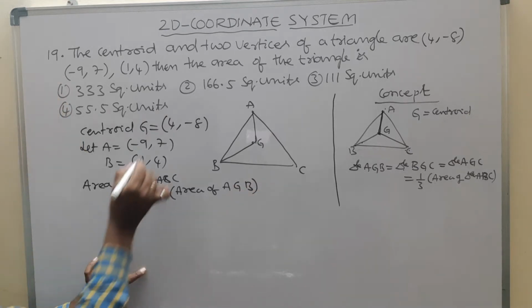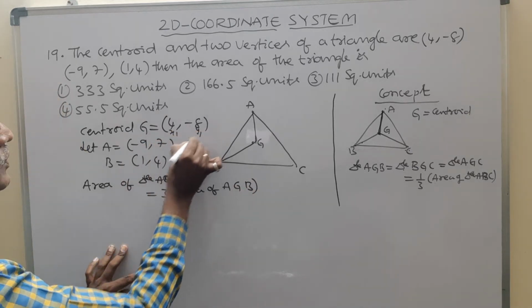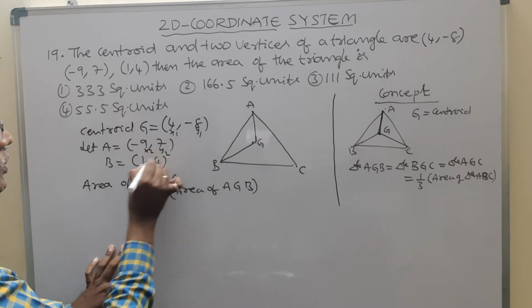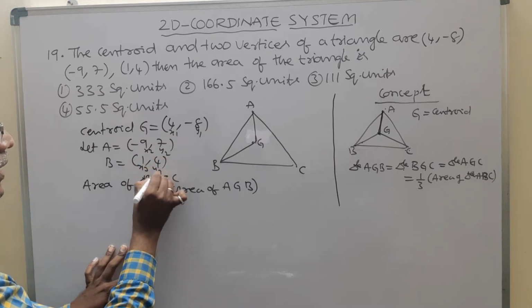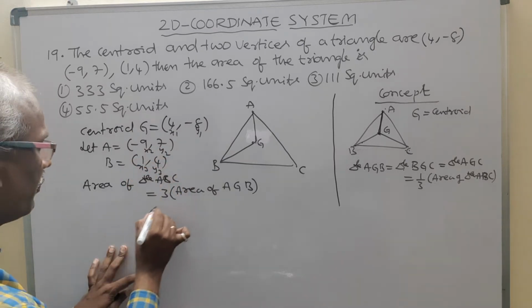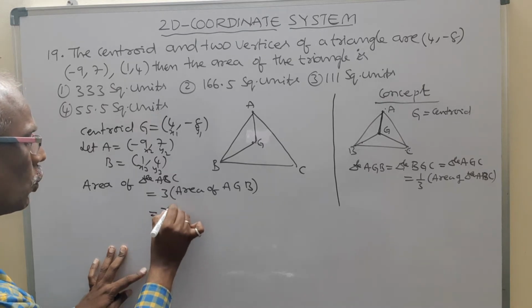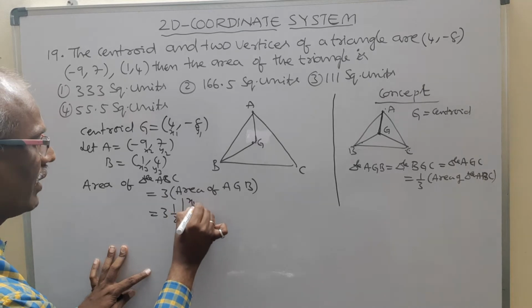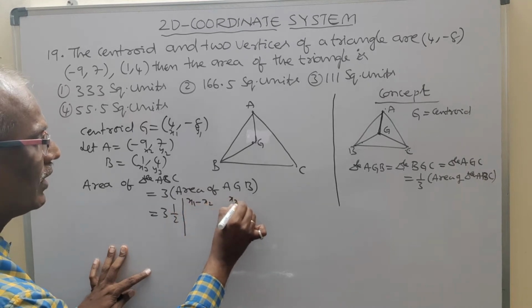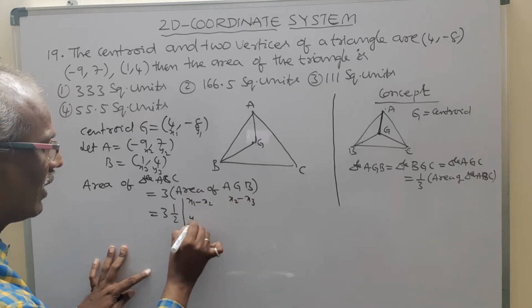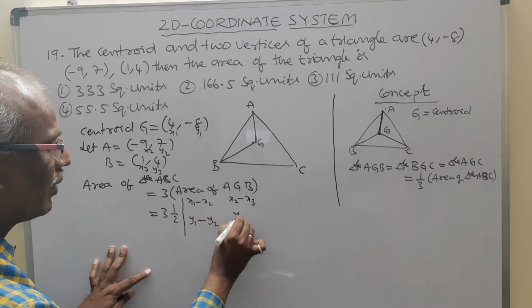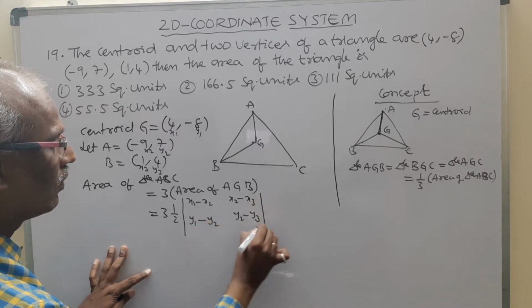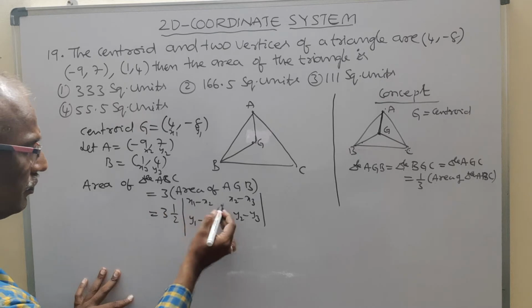Here the vertices, this is (x1, y1), this is (x2, y2), this is (x3, y3). Here we apply the formula 3 into 1/2 modulus of the determinant with rows x1 minus x2, x2 minus x3, and y1 minus y2, y2 minus y3. These are the vertices. This is the formula.